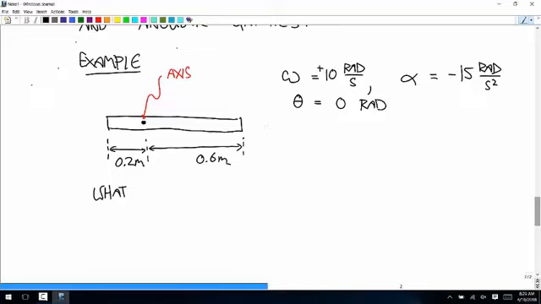Then let's figure out, so if this is the point A on the short side and this is the point B on the long side, what are the position vectors, velocity vectors, and acceleration vectors of these points A and B?